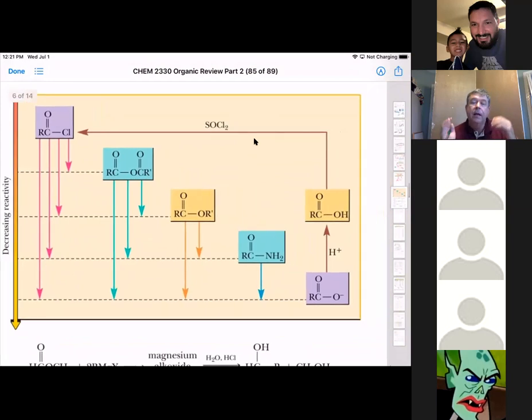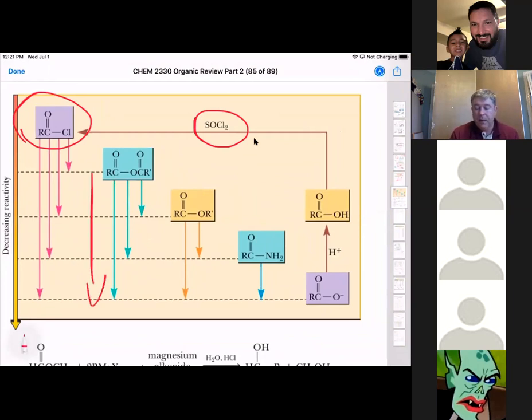And this is what all of those four charts were telling us, is that if you have your acid chloride, and the way to generate it is using your thionyl chloride here, you can make all your other derivatives from it. But once you start getting to esters, you can only make amides and carboxylates from that, or other esters.